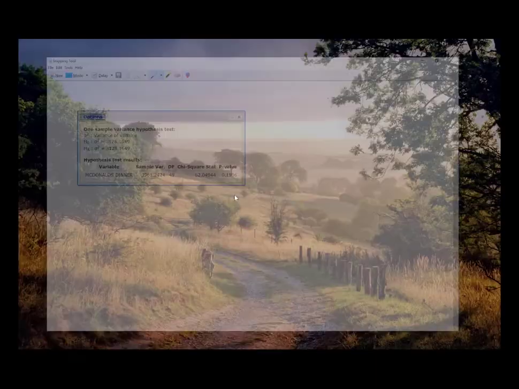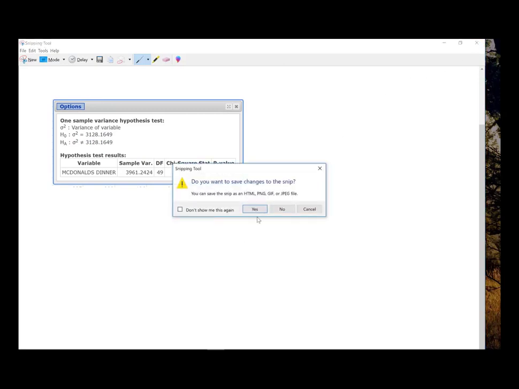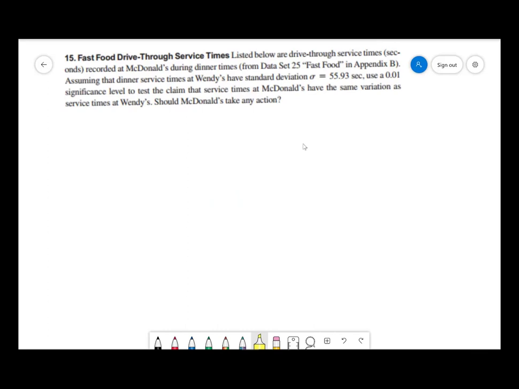I'm going to try something here. I'm going to copy it, and I'm going to close this, and I'm going to paste this in here just so that that's all done. Okay, so there's my data set.